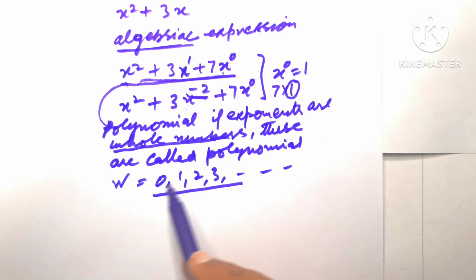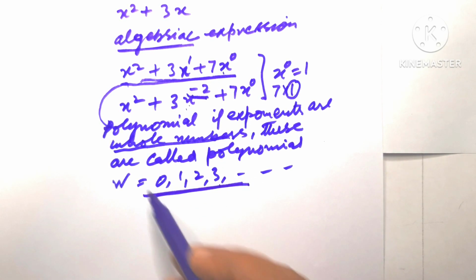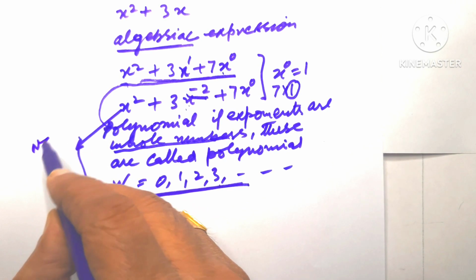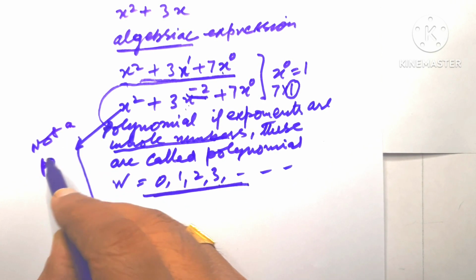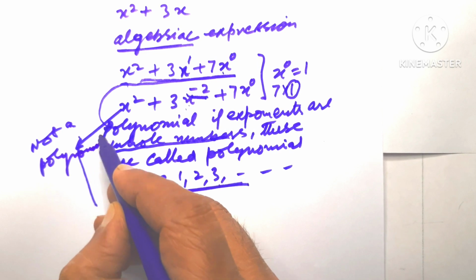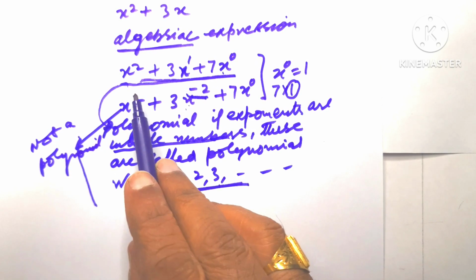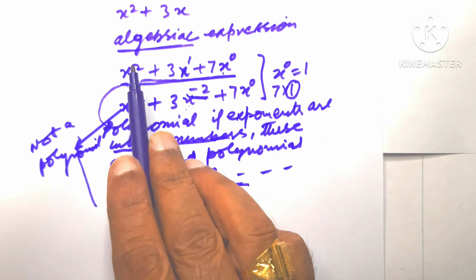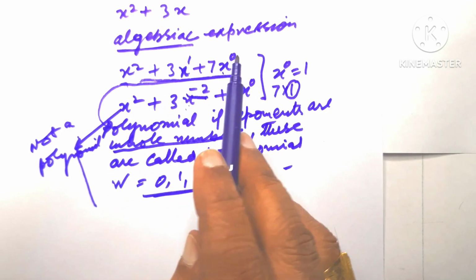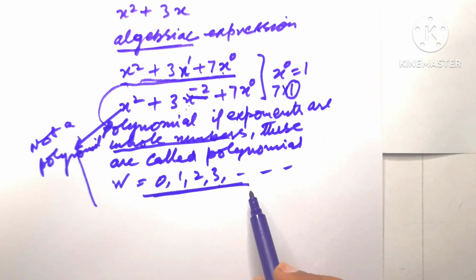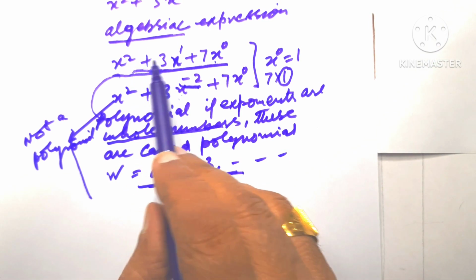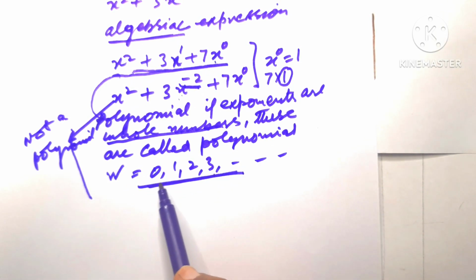Minus 2 is not in these numbers. Therefore, this is not a polynomial. So the condition for any expression to become a polynomial is that the power of the variable should be a whole number. Clear? So an expression becomes a polynomial when the powers of the variable are whole numbers.